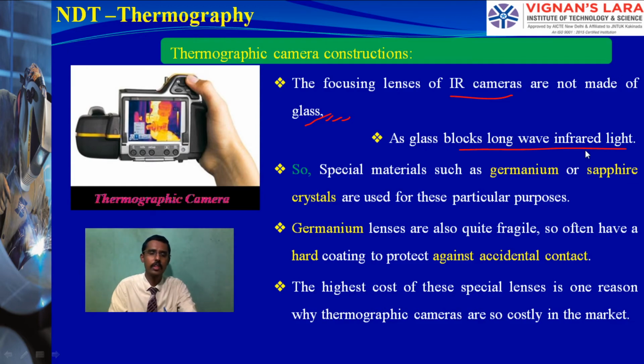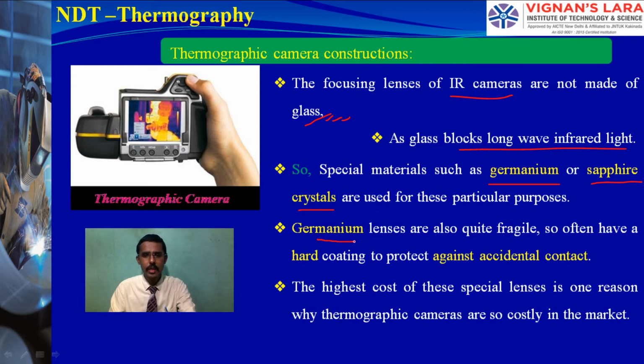Therefore, we are not using that glass. A special material such as germanium or sapphire crystal is used for this purpose, to pass this wavelength of infrared light.